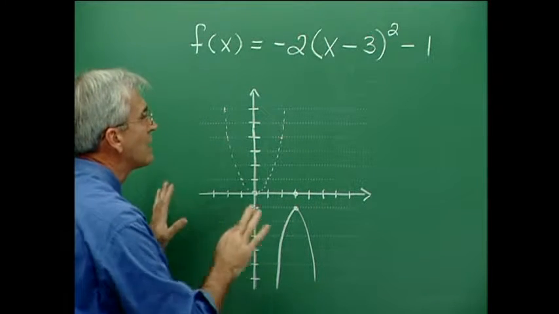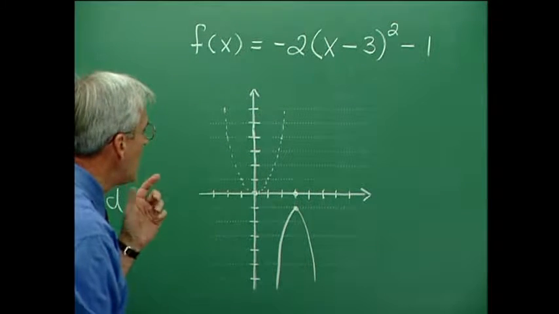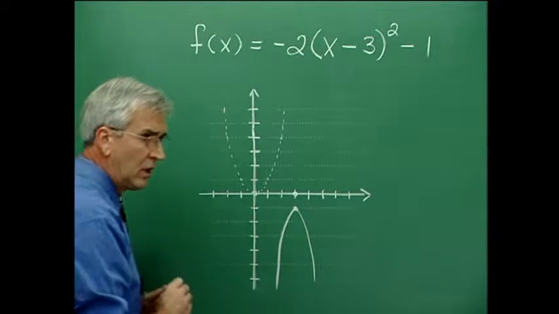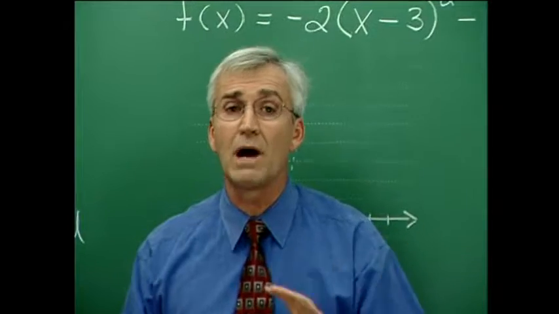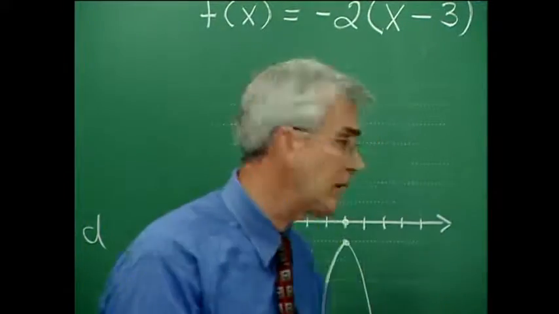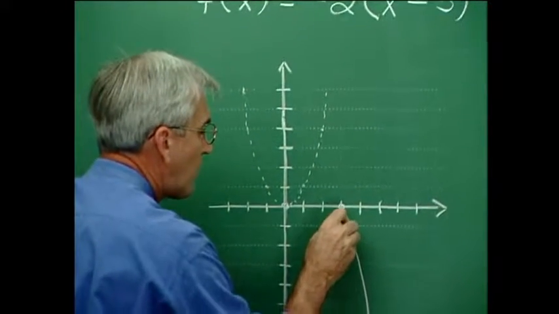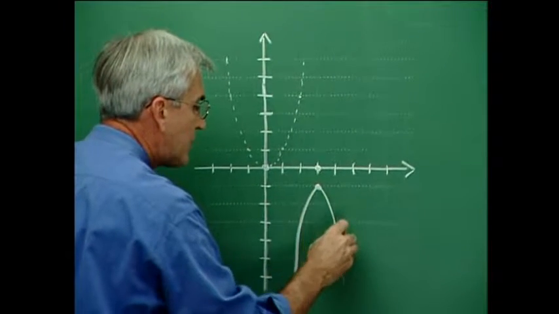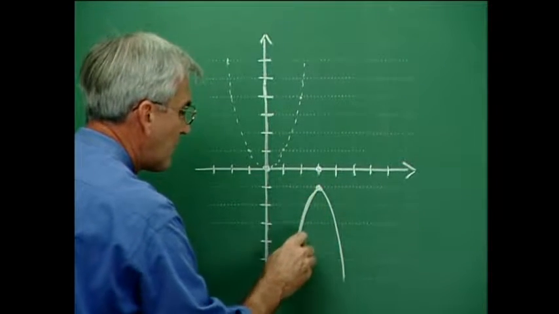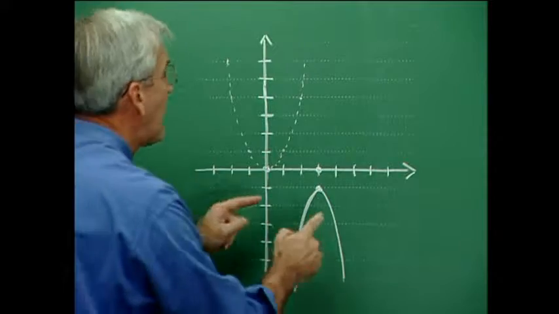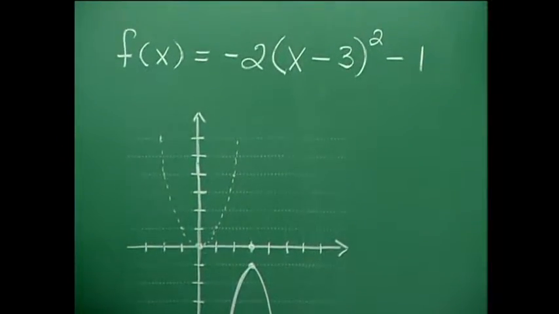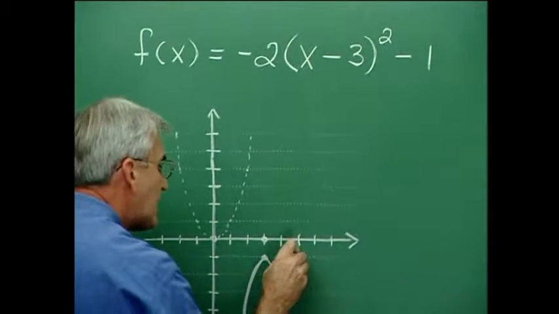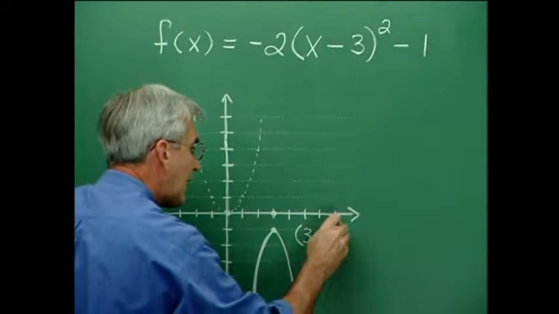Okay, so that was the idea. Now, the vertex of a parabolic curve is either the topmost point or the bottommost point on the curve. Now here, for this one, it's the topmost point. So this is the vertex. And it turns out that the coordinates of the vertex can be found by looking at this form of the function. That is, our vertex here is at the point (3, -1).